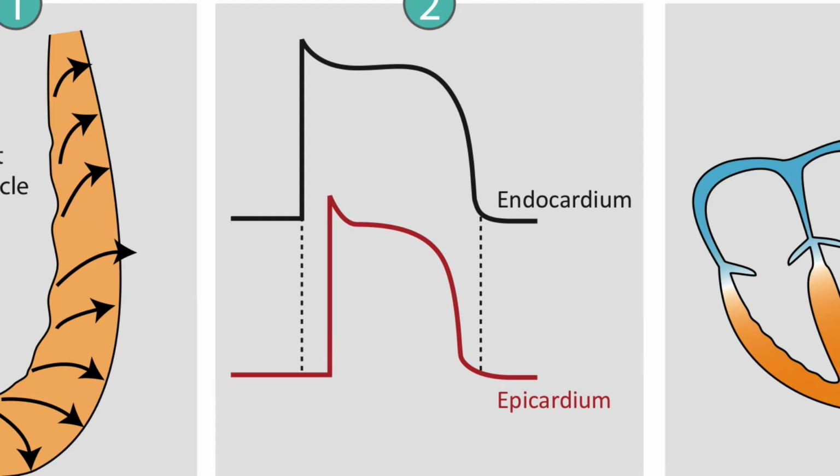But you can also see that the action potential is shorter in the epicardium, so the repolarization will start earlier in the epicardium. So repolarization will actually start in the epicardium, and it will be directed towards the endocardium.